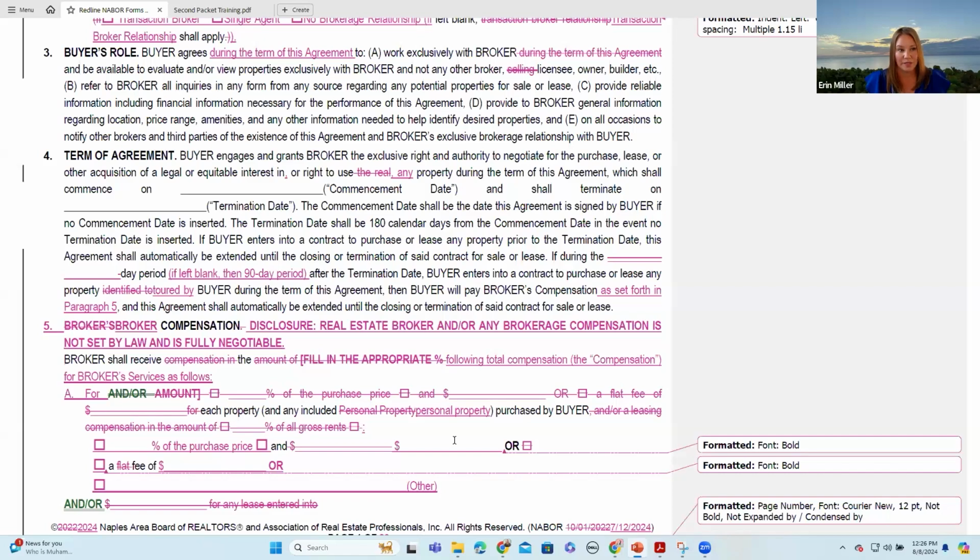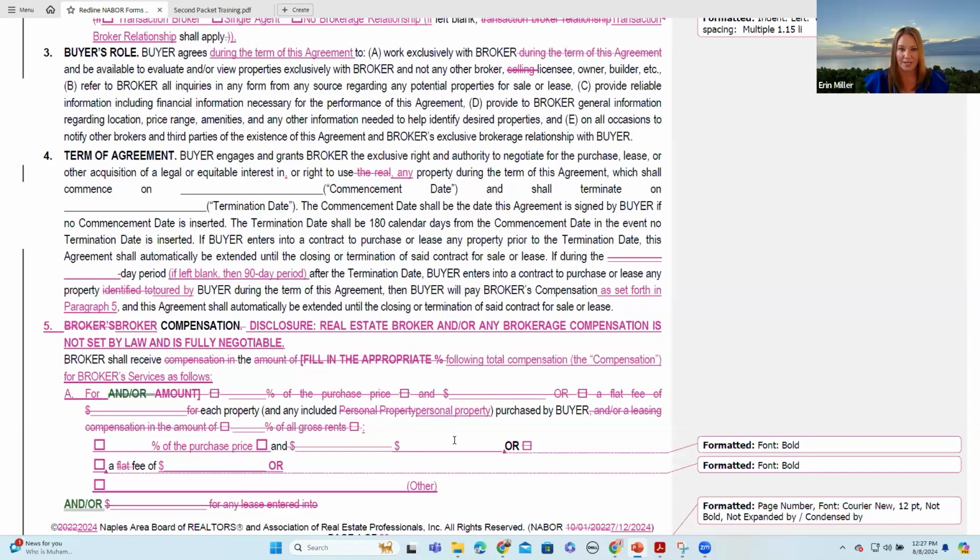This means you've got a protection period after the termination of this buyer-broker agreement, that if the buyer enters into a contract during that protection period for property that they toured during the term of the agreement, then this agreement is extended and the buyer will be obligated to pay broker compensation during that time.